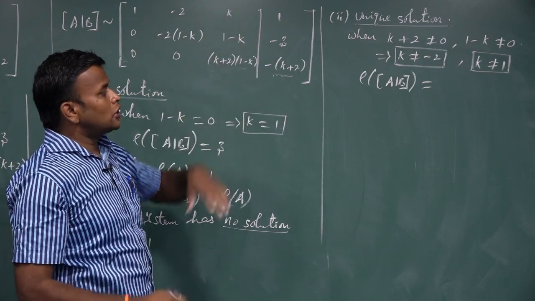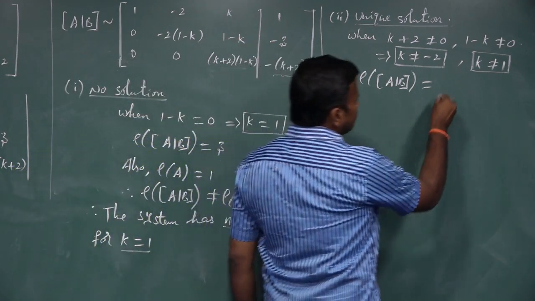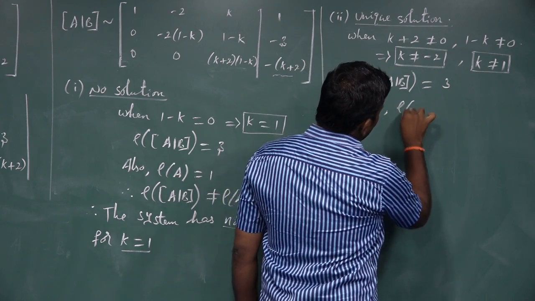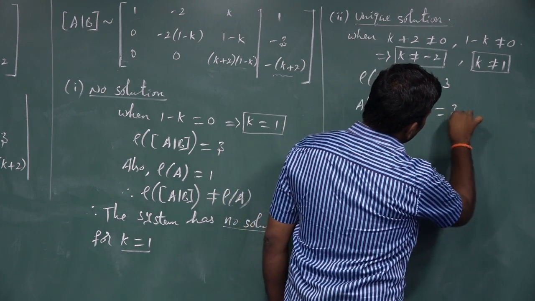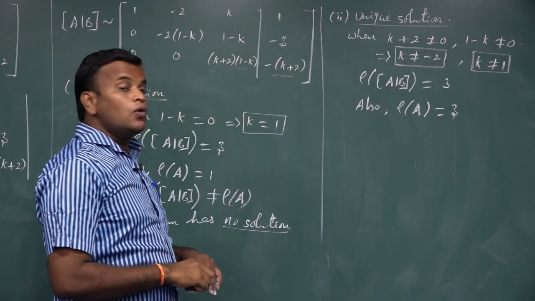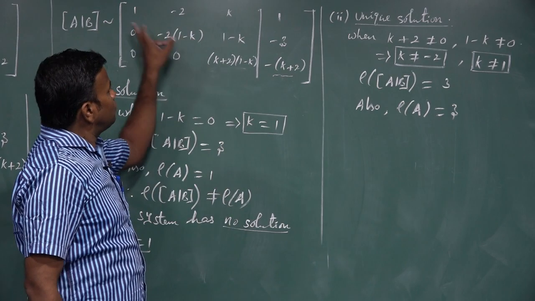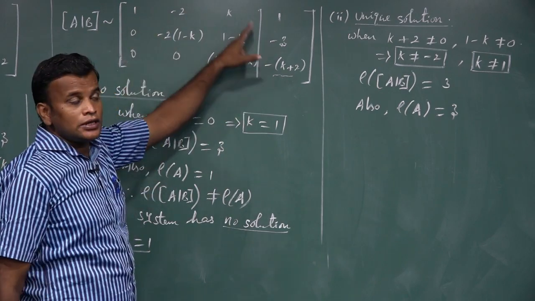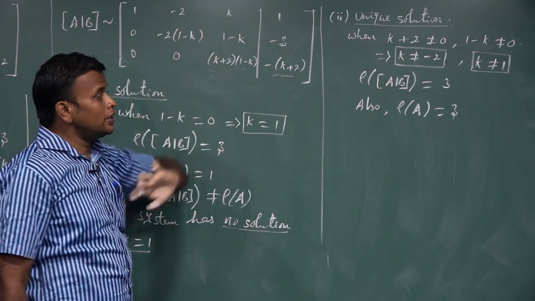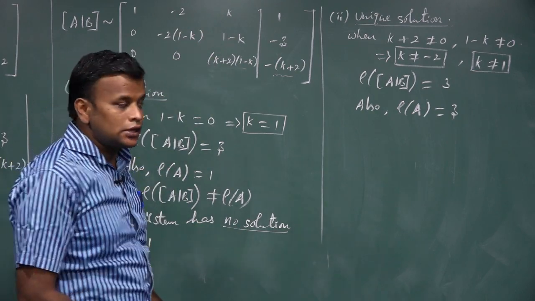All are non-zero. Therefore, rank of A by B is 3. Also, what is the rank of A? The rank of A is also 3. How? Because we consider this as matrix A. It's non-zero. Both are non-zero. So both are equal to 3.